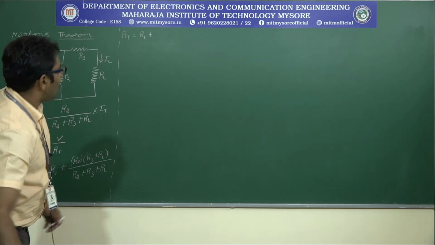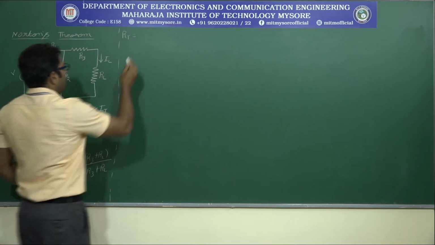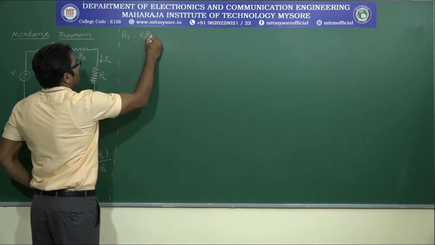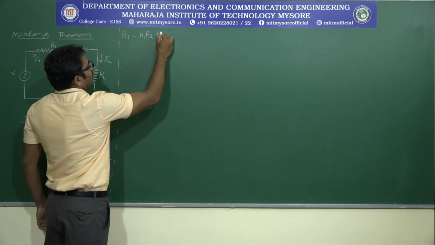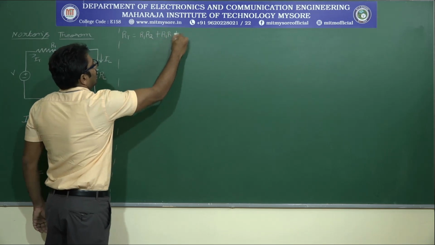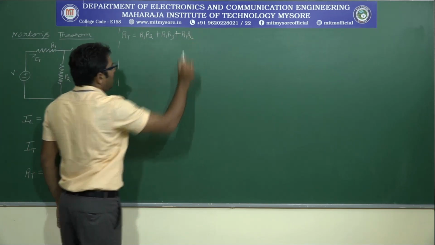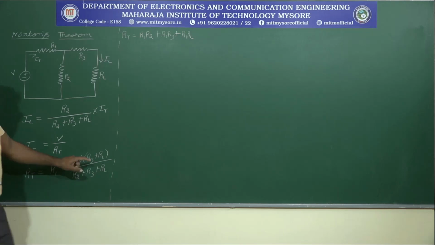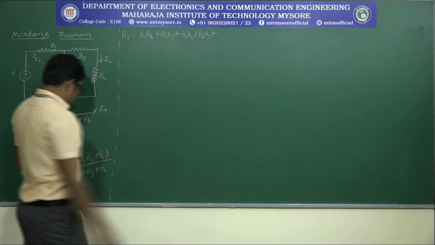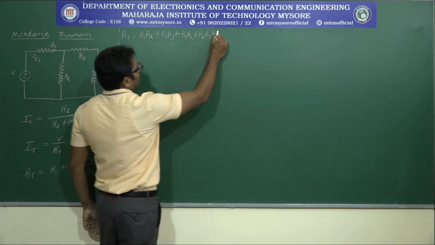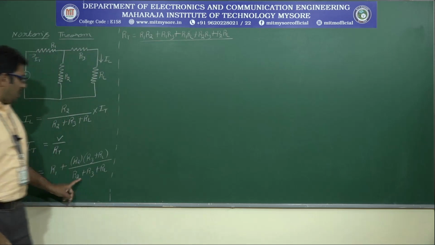Taking the LCM, RT is equal to R1 R2 plus R1 R3 plus R1 RL plus R2 R3 plus R2 RL, whole divided by, what is the denominator here?